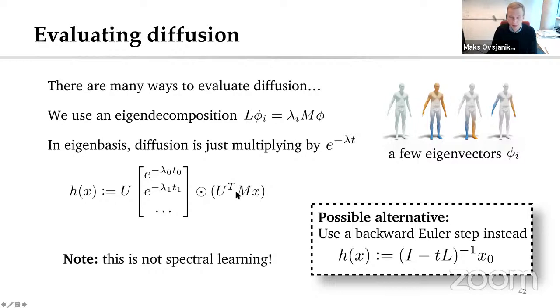We first project it onto the spectral features. We then apply the learned diffusion. So here this is a per eigenvalue multiplication, and then we multiply it again, right? This, by the way, should be T0, because we're applying the same time across all eigenvalues.